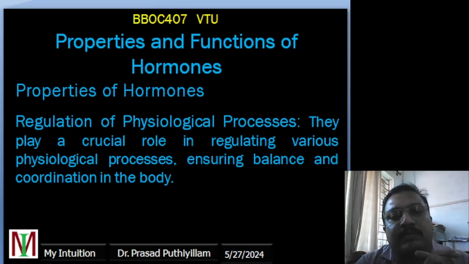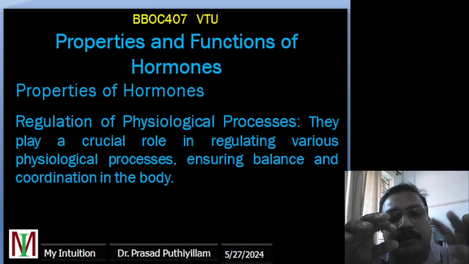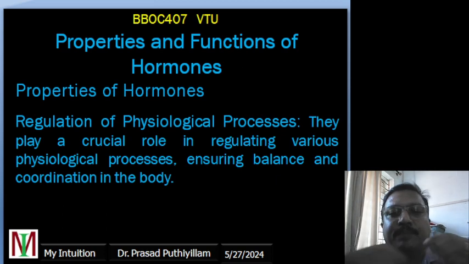They regulate all these functions, ensuring a proper balance and coordination between them. For example, the growth hormone regulates growth and development. Insulin controls the blood sugar level. The thyroid hormones regulate the metabolism.